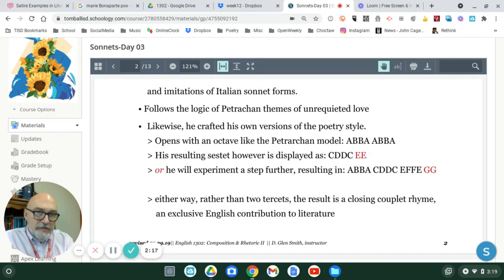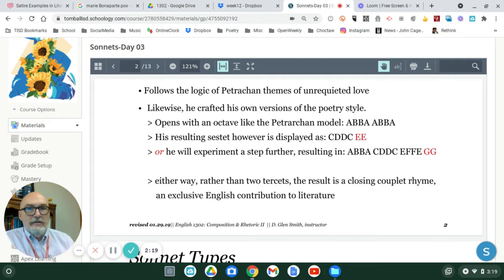So his sonnets are mainly concerned with the Italian versions. If you look here, his opening octave will follow one of the traditional forms of the Italian sonnet, A, B, B, A. But then when you get to the sestet, he's going to experiment and play with it a little because of the limitations of the English rhymes, of course, and he wants to end with a closing couplet.